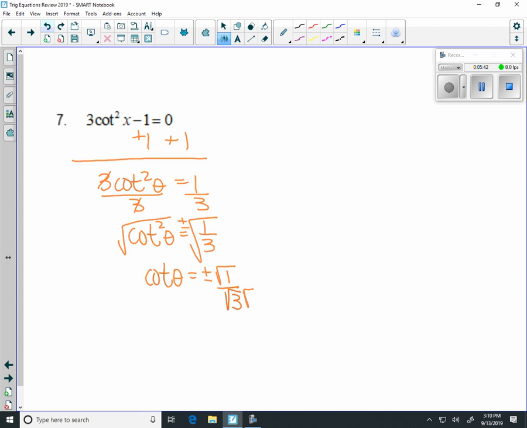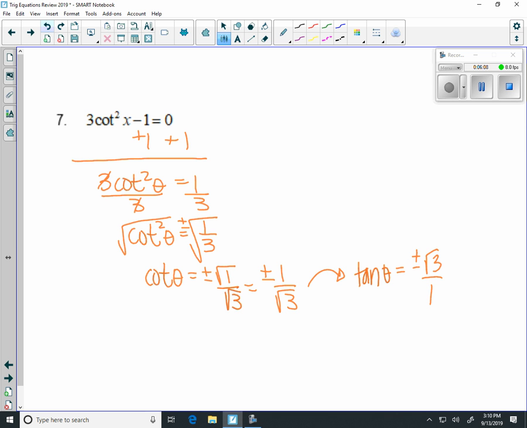And here, if you don't want to rationalize, so that would be square root of 1 is 1 over square root of 3. If you like to think in tangent, like I do, instead of cotangent, don't rationalize it, just flip it. Square root of 3 over 1.